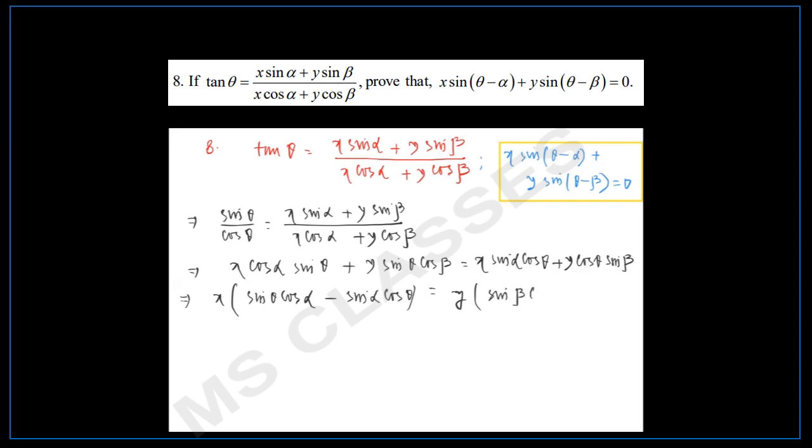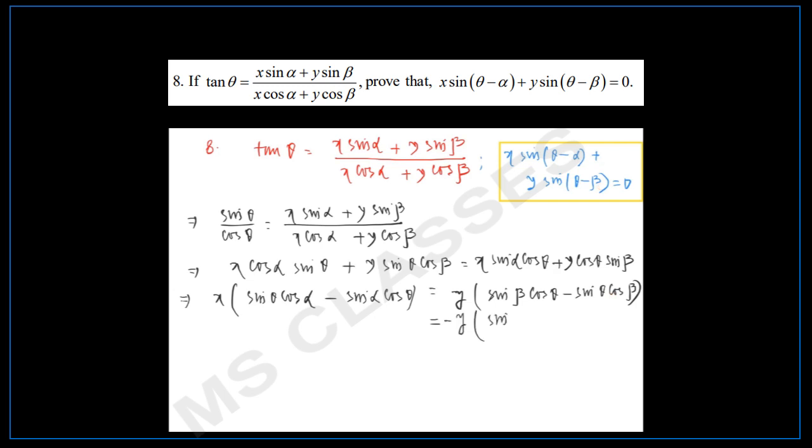Sine beta cos theta minus sine theta cos beta. Now sine A cos B minus cos A sine B is what? Sine of A minus B. But what we need? Beta minus theta we don't need. We need theta minus beta. So do one thing, take a minus common.